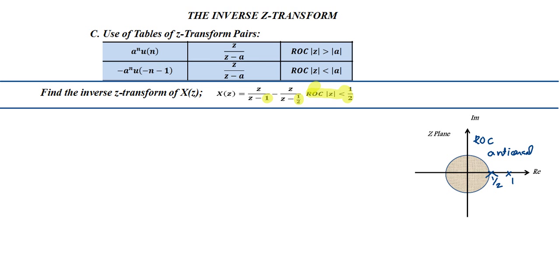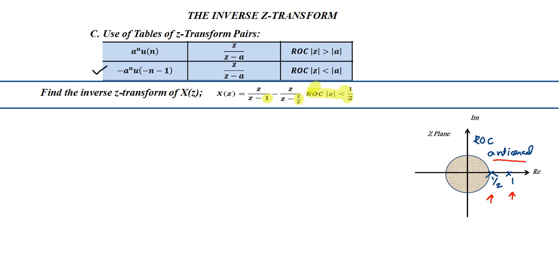So if we compare here both the poles, 1 by 2 and 1, and the ROC is inside the circle. So the pole at 1 by 2 and the pole at 1 both represent an anti-causal signal. So we need to write the result in anti-causal form.